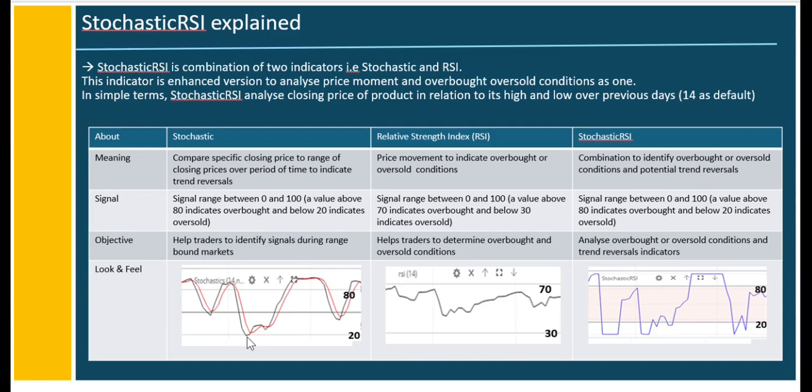Same at 20, if it comes around 20, you can expect the market is gonna turn around for buying. Whereas RSI, same, if it goes above 70 or drops to 30, if it goes to 70, it means the market is overbought. It will start its trend reversal soon.